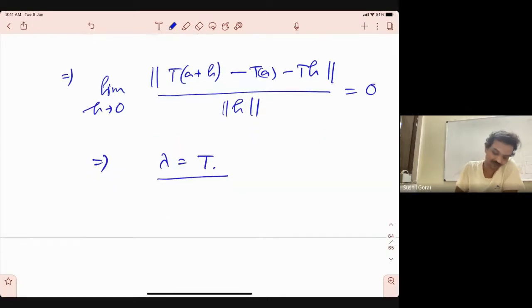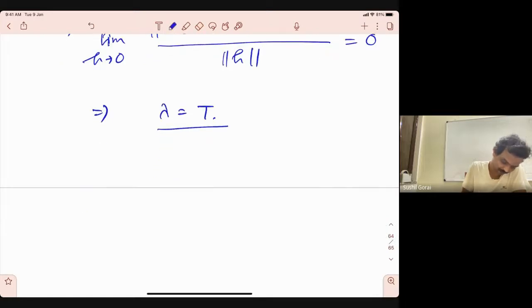Here, its notation. Before going further, let me put notation here.